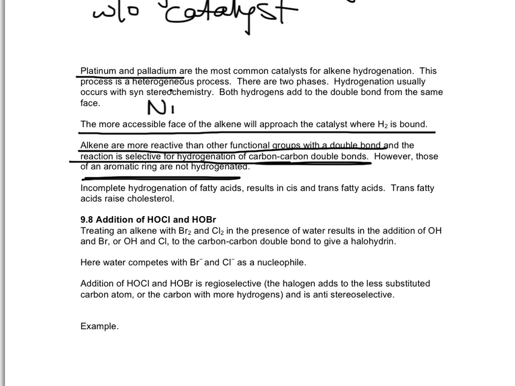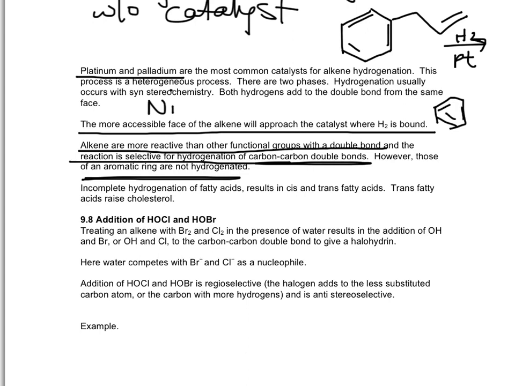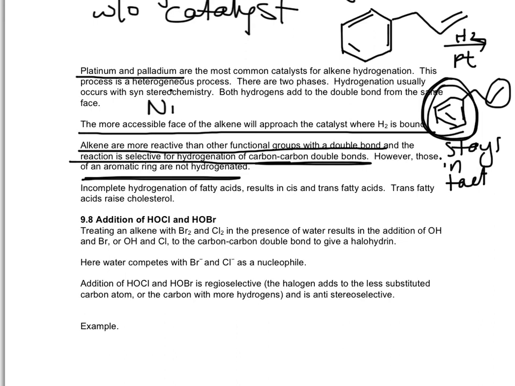So for example, if I gave you this molecule and I told you we added H2 over a platinum catalyst, your product would be the following. This stays intact. The reason is this is an aromatic ring. They are not isolated double bonds, whereas this was an isolated double bond.